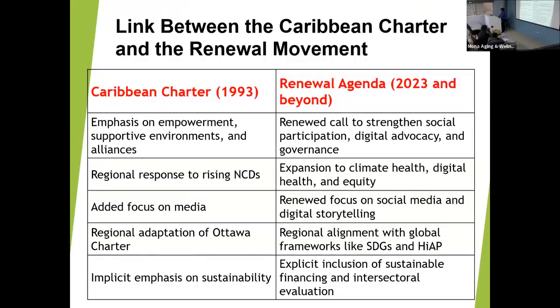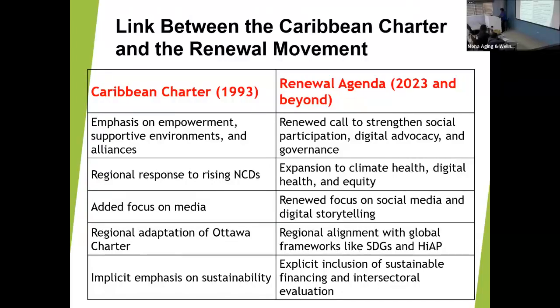There is an added focus on the media, which is a part of that agenda. We recognize that there needs to be a renewed focus on social media and digital storytelling. A lot is happening on those platforms that can either hinder or enhance what we need to do.